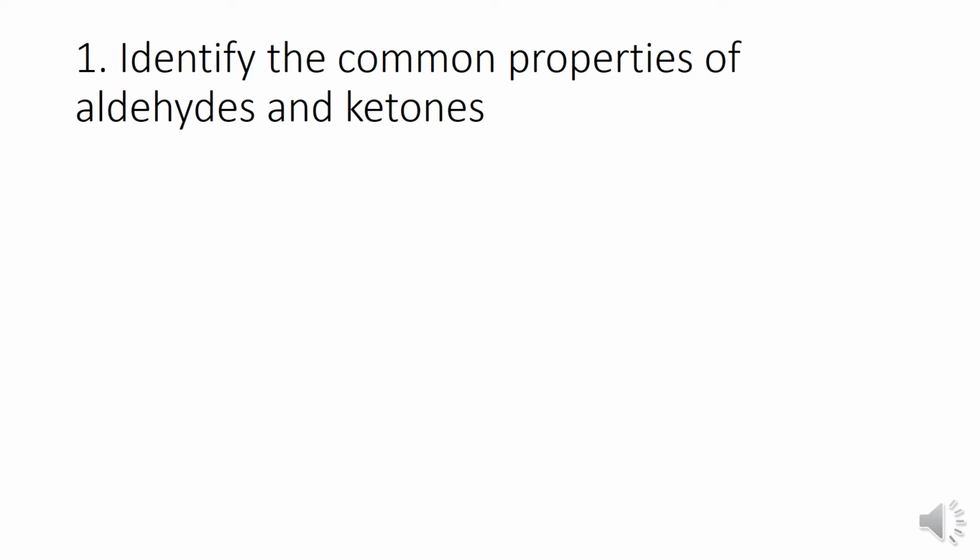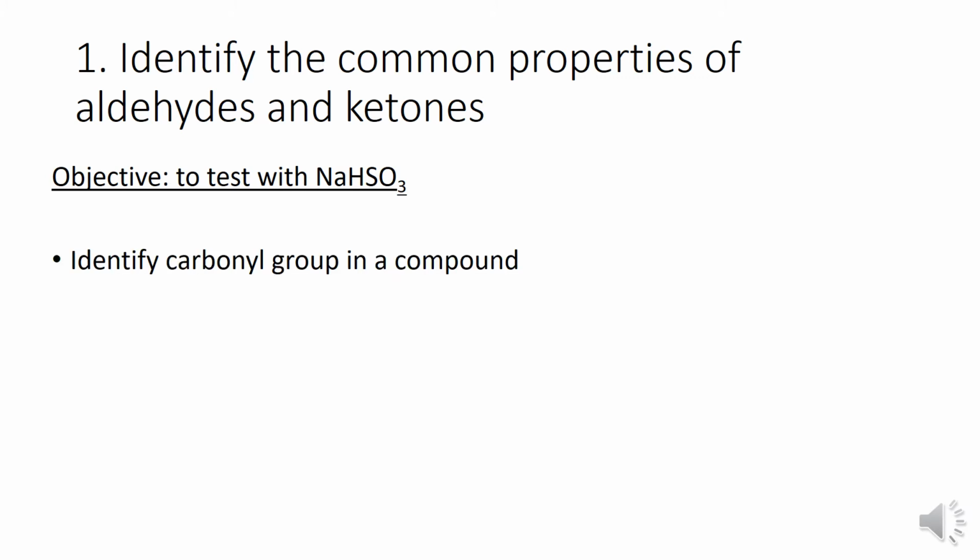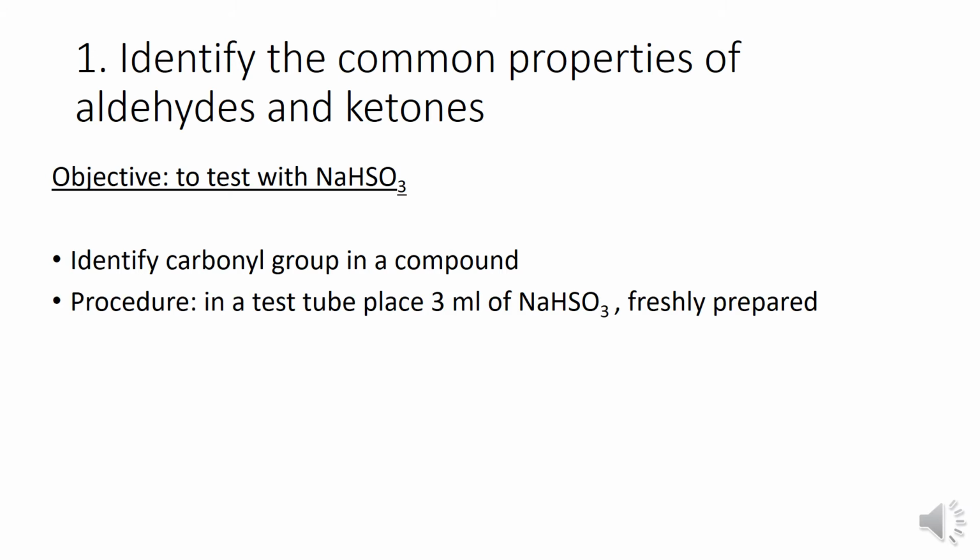Now the second common property is the test with sodium hydrogen sulfide. The objective is to identify a carbonyl group in a compound. What is the procedure? In a test tube, place 3 milliliters of freshly prepared sodium hydrogen sulfide.